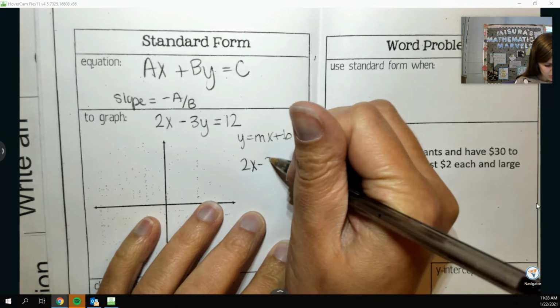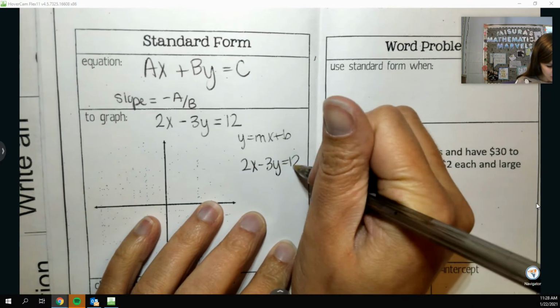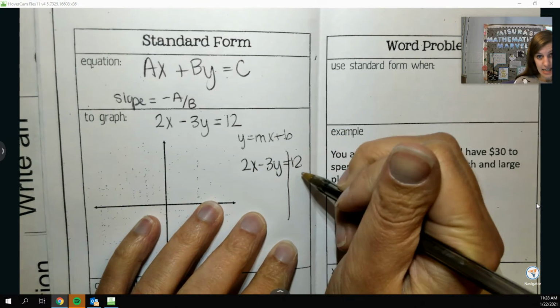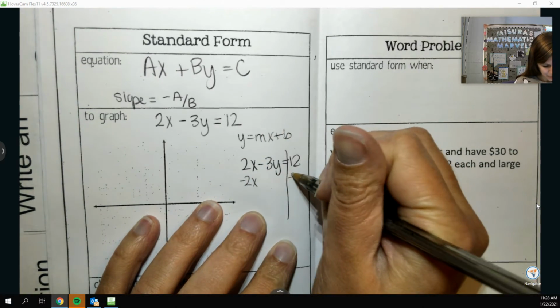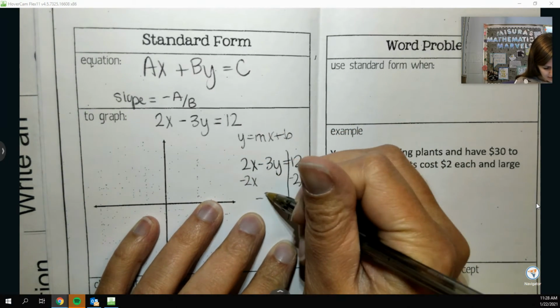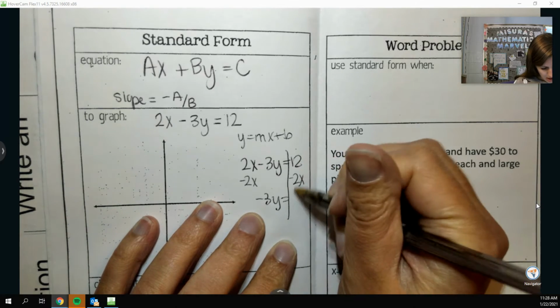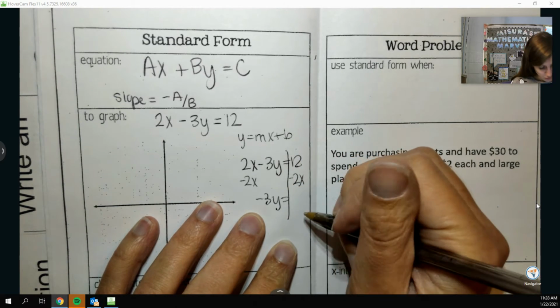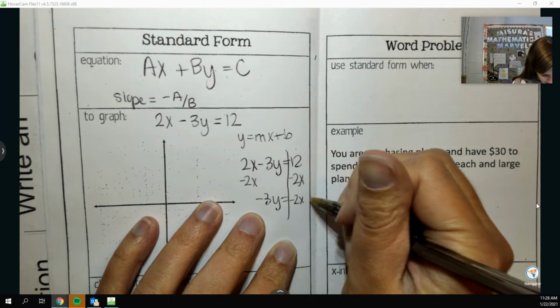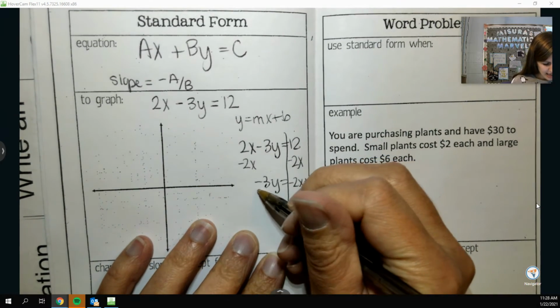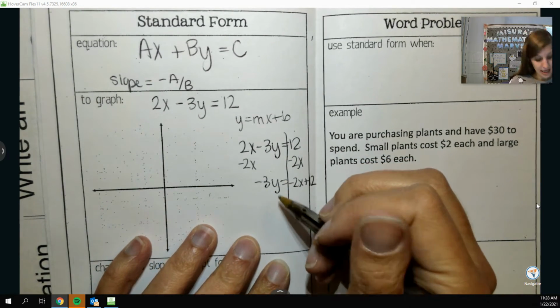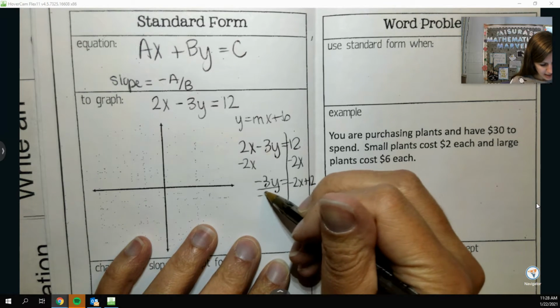But to do that, I need to get y all by itself. So to do that, we want to move the x to the other side by doing the opposite. So we'll subtract it. We'll have negative 3y equals, now these aren't like terms, so I have to just write it out, negative 2x plus 12 because it's positive. And then to get y totally alone now, I need to divide by negative 3.